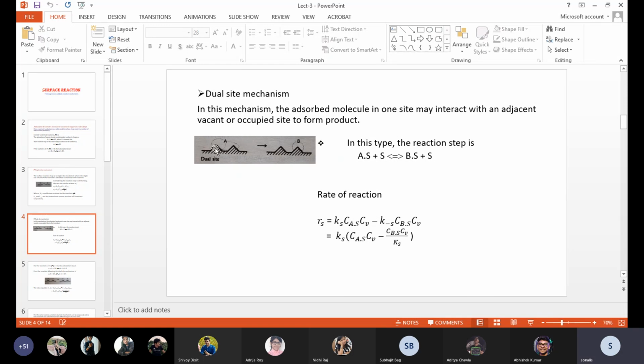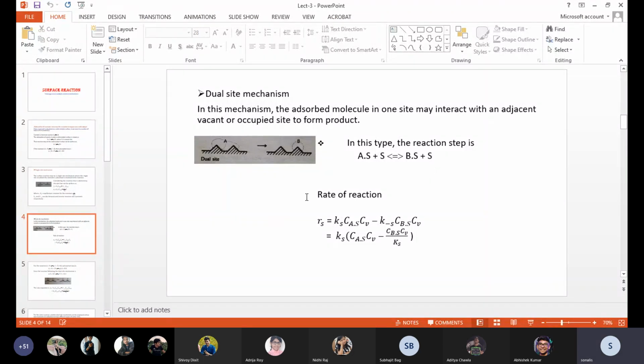Here on one site, A is adsorbed, which reacts with the adjacent vacant site for making the complex and then gives the product B on the next site. It involves the adjacent vacant site. So this type of reaction step is A·S plus S is equal to B·S plus S.